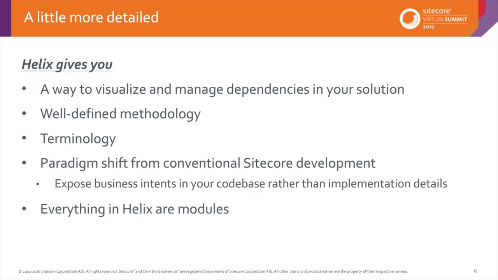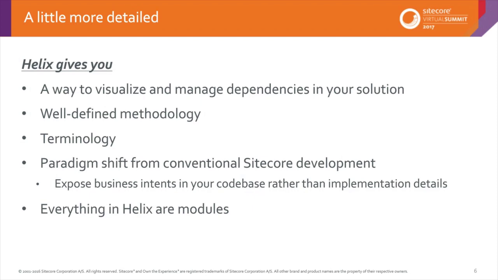Helix also provides a common terminology. Often in software architectures, you hear the same words and pattern names and so on, but even though the words are the same, the meaning tends to be different. They're up for interpretation. Well, in Helix, we have a common terminology.